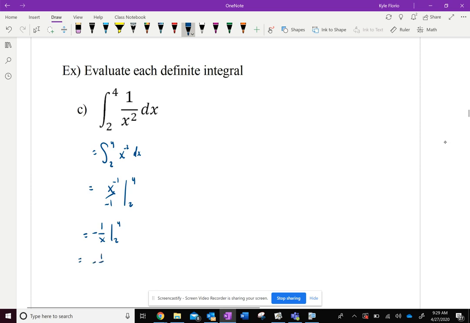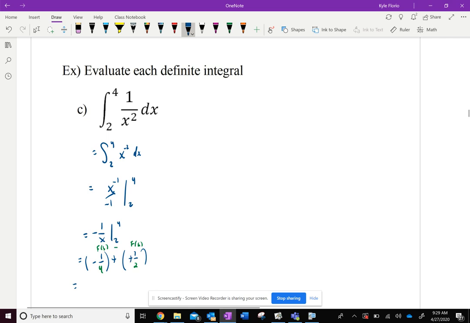So that's going to be negative 1 over 4 minus negative 1 over 2. So again, that's f of b minus f of a. The double negative here is going to make that a plus.